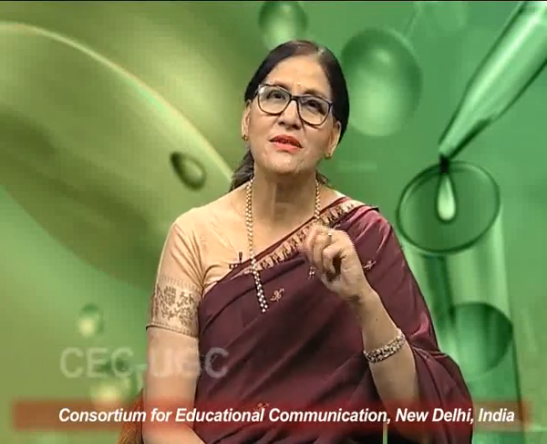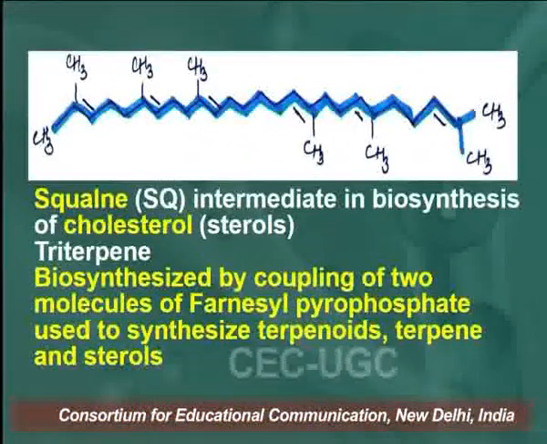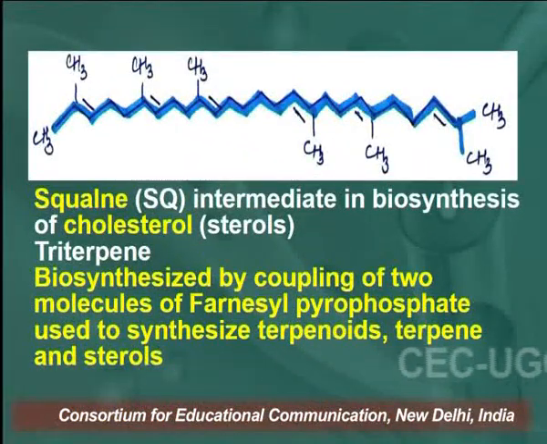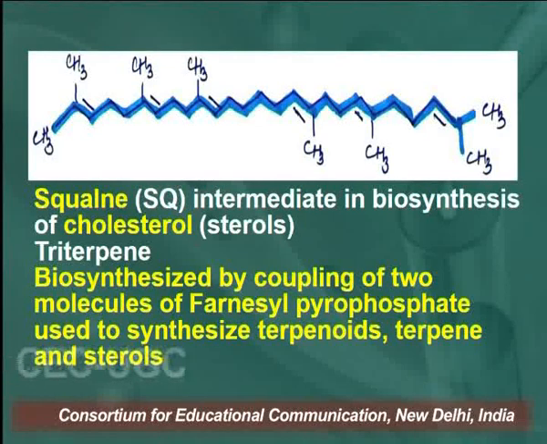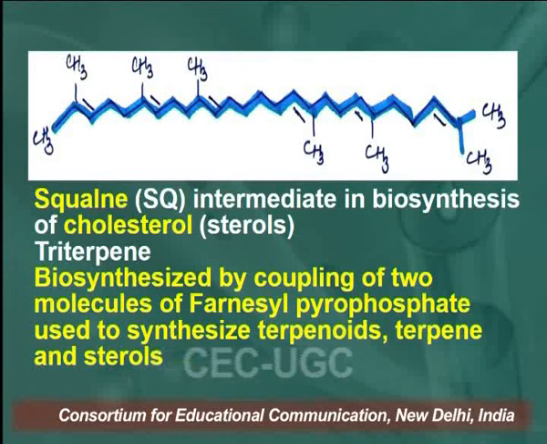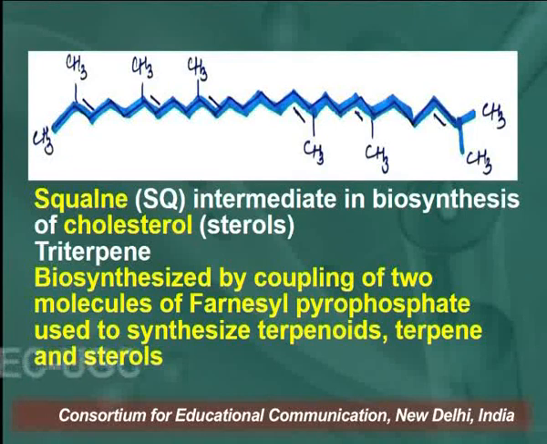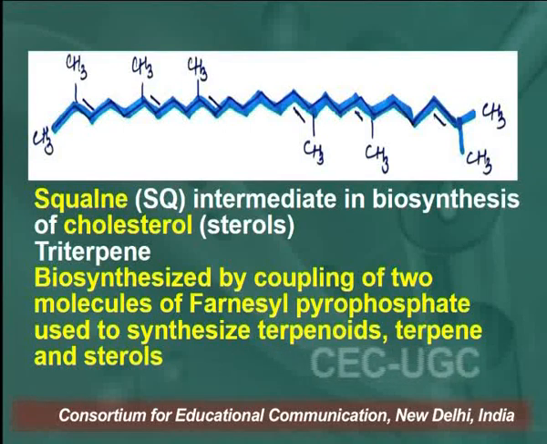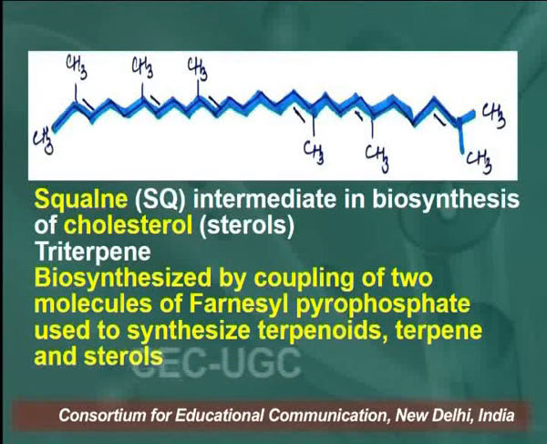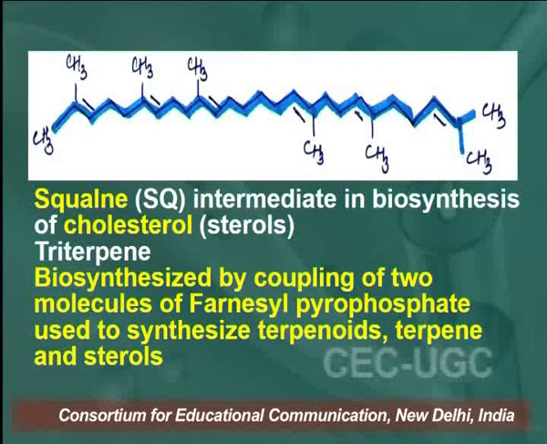So this is the structure of squalene. Squalene is an intermediate in the biosynthesis of cholesterol, and it is a terpene. How many isoprene units are here? 6 isoprene units, and in the structure you can see that squalene is a long chain of hydrocarbons.